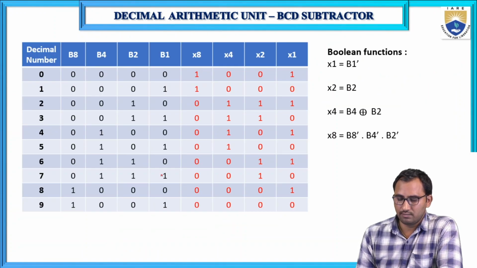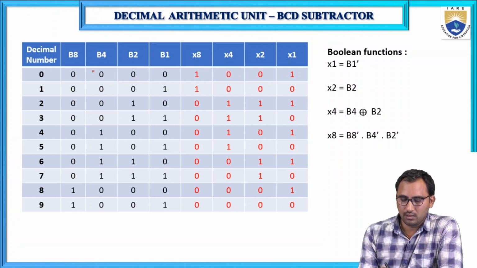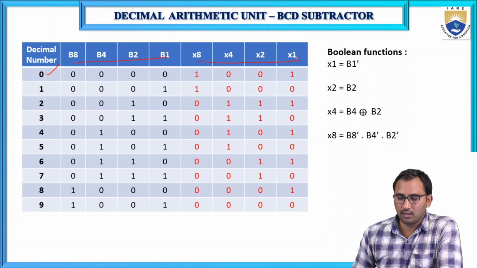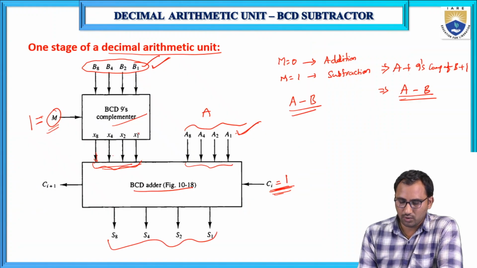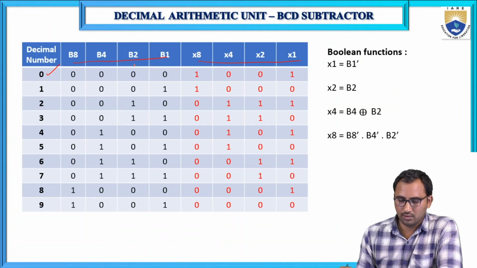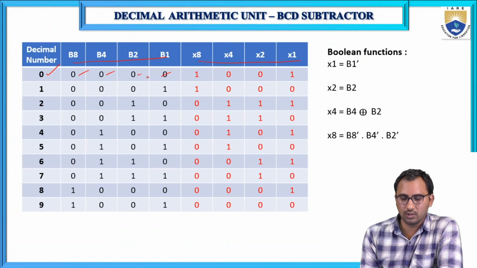So see here, this is a decimal number, and these are the added bits, and these are the 9's complement of that particular number. x1, x2, x3, x4 are the 9's complement of the B values. Suppose the B value is 0, 0, 0, 0, that means 0.